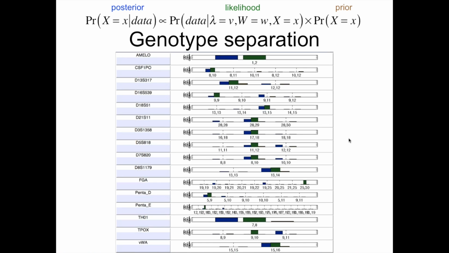This is just Bayes' theorem again. The posterior probability given the data is based on how well parameters explain the data as a likelihood times prior.